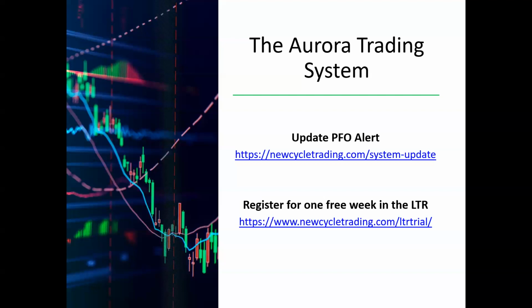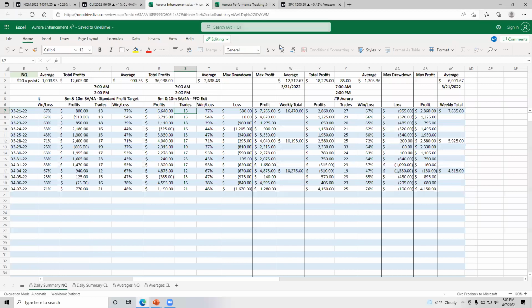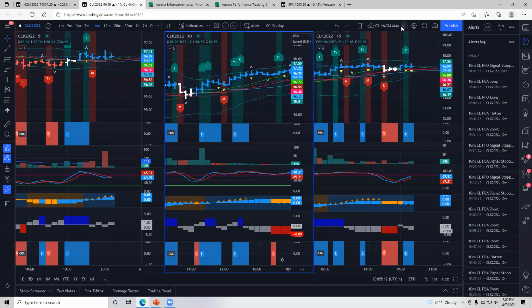Mark, Andrew is asking, is there a way to have a single alert that triggers when all 3 or 4 indicators are aligned? I think he was set up. We're not ready to release it yet, Andrew.